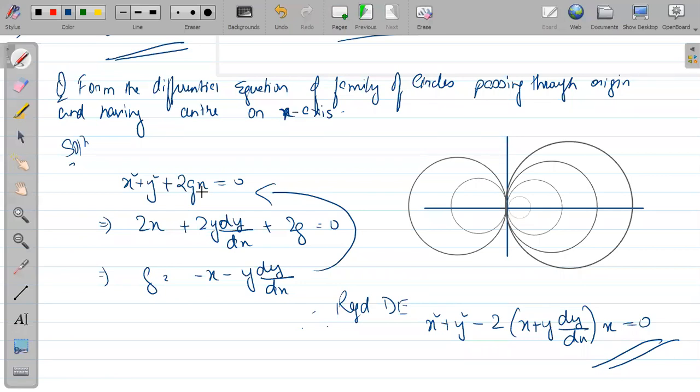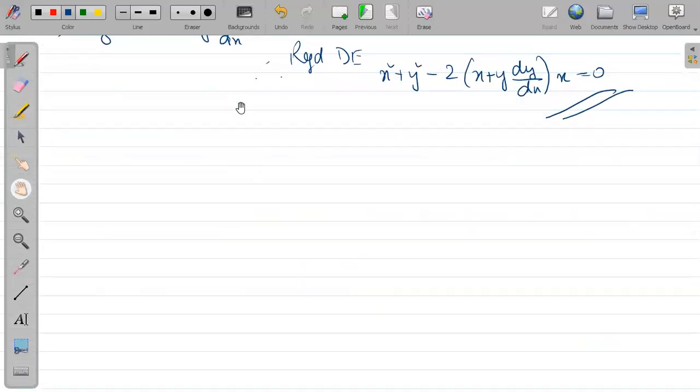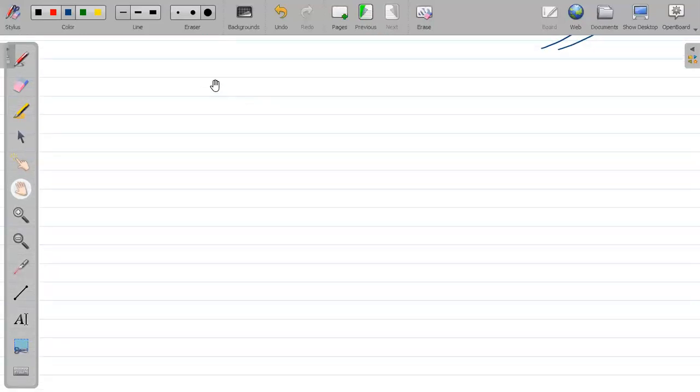Other than variables, all are parameters. Whenever I am saying independent arbitrary constant or independent parameters, it is the same thing only. So here G is the independent parameter. Let's write down one question so that you will get the better idea.